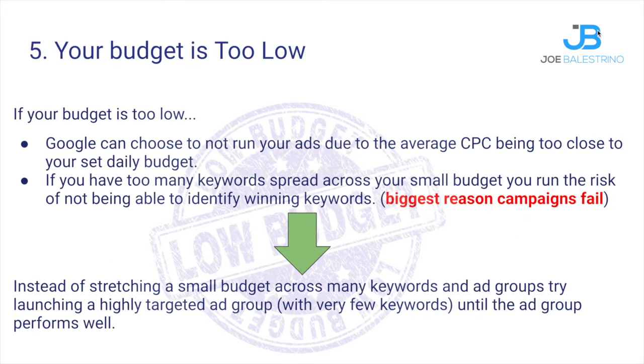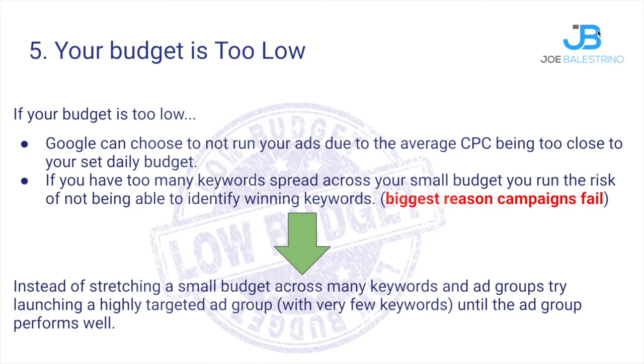This one is a biggie. If your budget is low, you're going to run into so many problems. You can't, quote unquote, test a Google Ads campaign with $10 a day or $20 a day. It's just not possible.